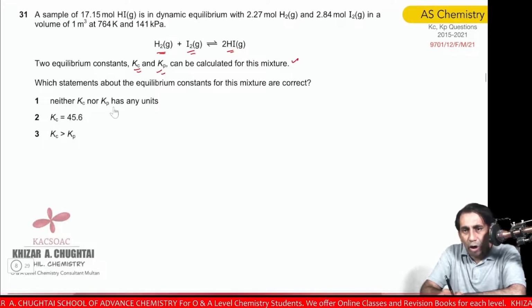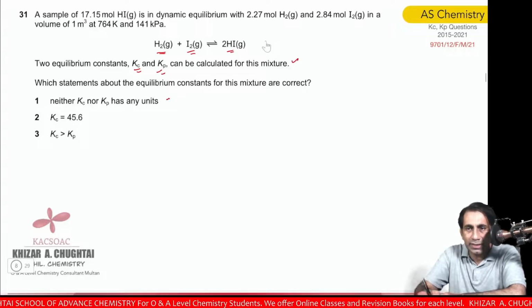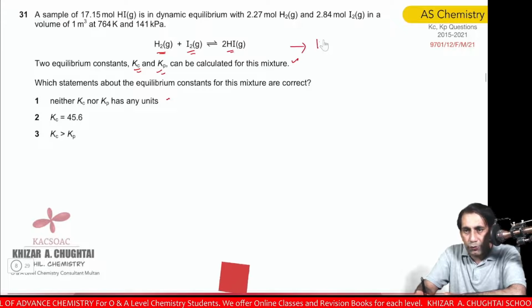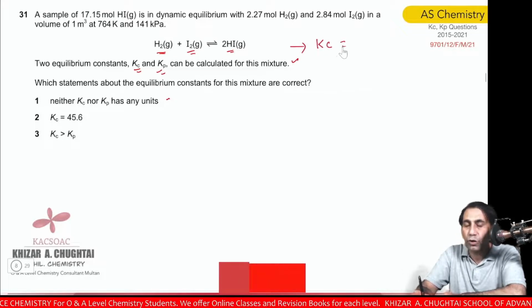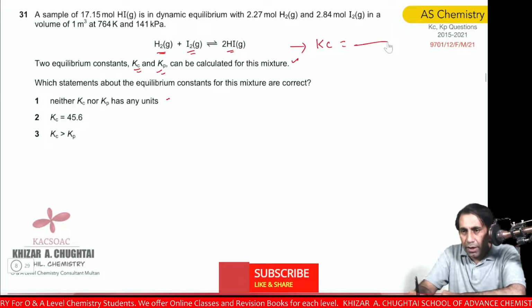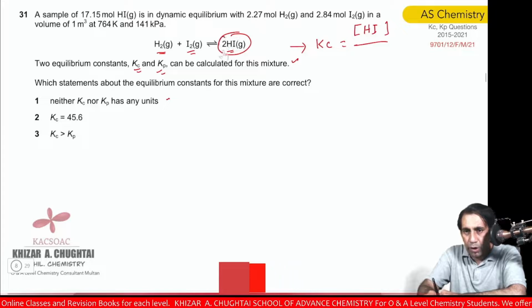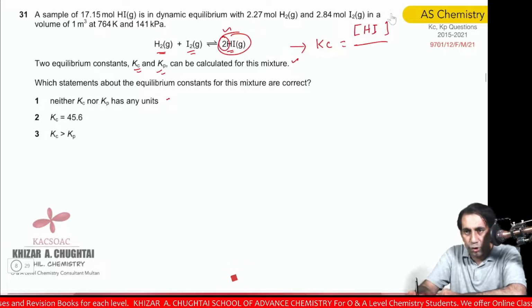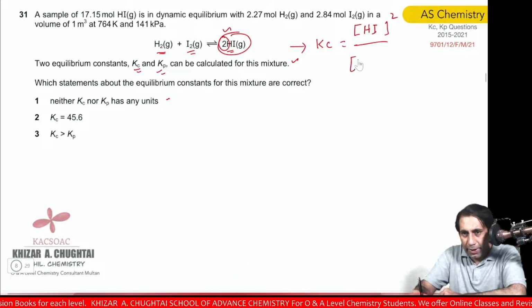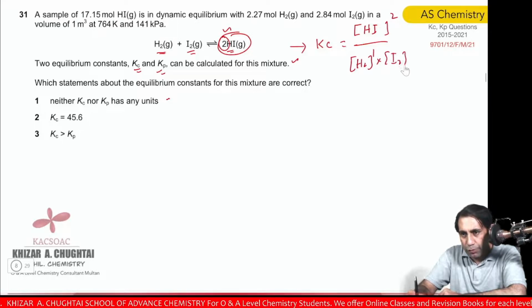Neither Kc nor Kp has any units. Let's see. I'm going to write the expression of Kc. The substance that is present on the right hand side must be in the numerator. HI raised to power 2, because here is the 2 mole, divided by H2 raised to power 1 multiplied by I2 raised to power 1.